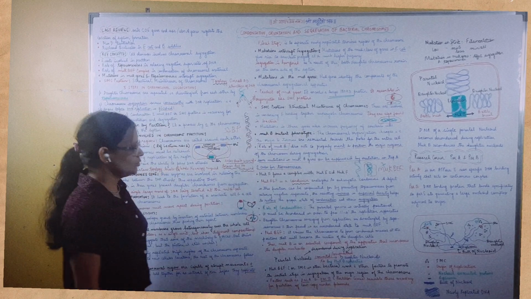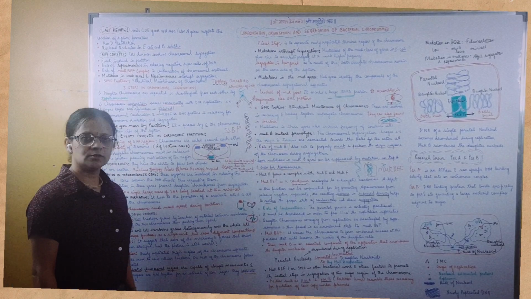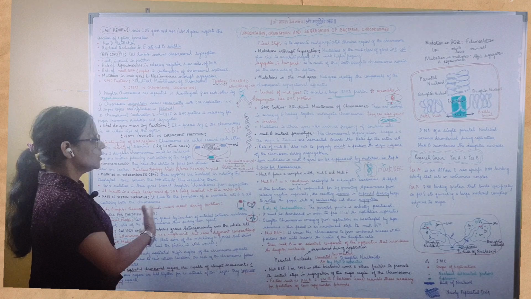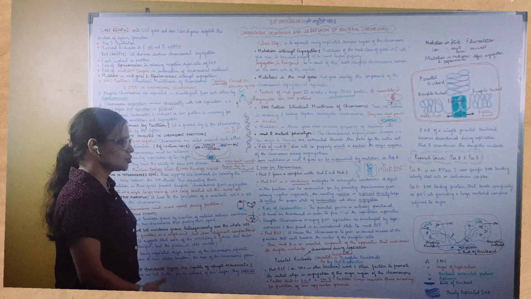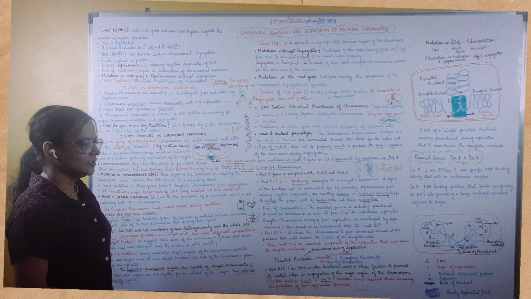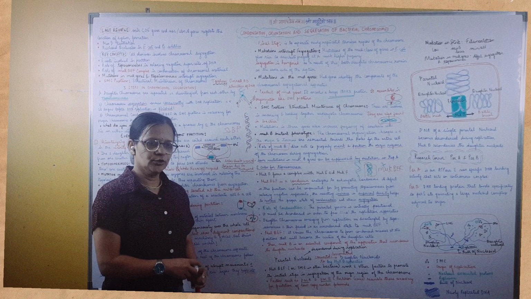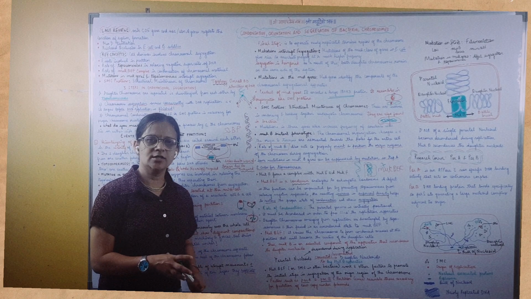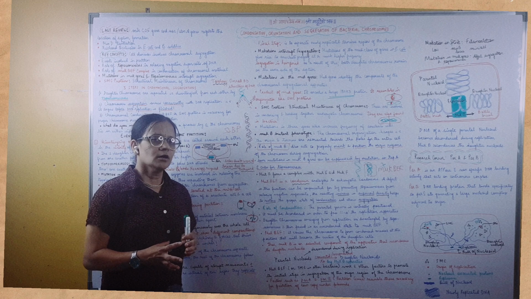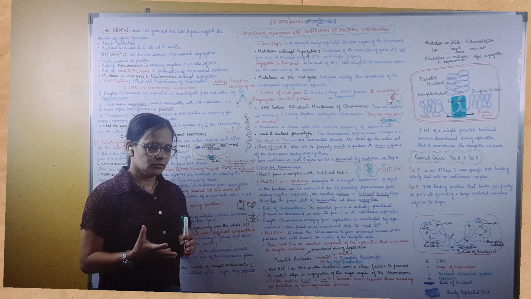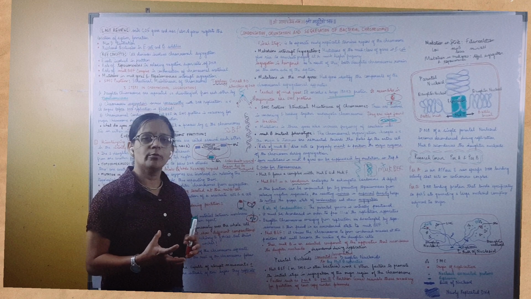So I hope you have understood today's talk relating the genes and the products of those genes involved in segregation of the chromosome. Now in the upcoming video, what we are going to see is that during segregation you get some site-specific recombination.